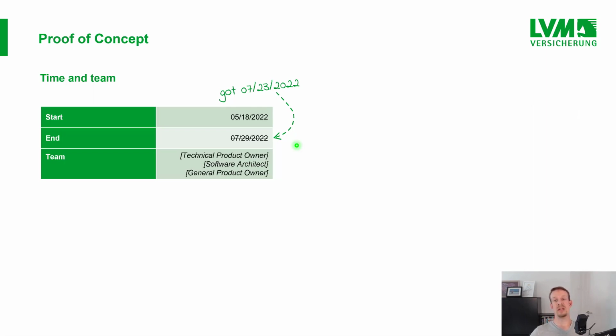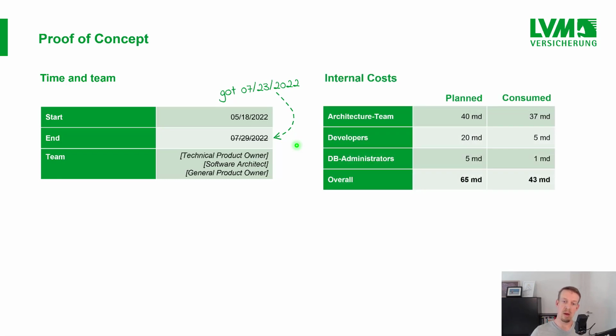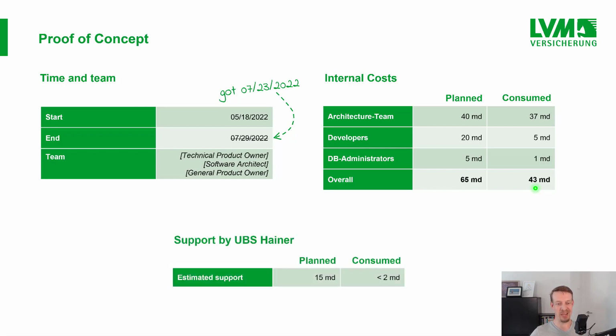That was one interesting aspect. The next interesting aspect was the costs. Originally, we planned 65 man days for the proof of concept. In the end, we used 43, although we managed to show every requirement we had to meet. Even more interesting was the support we demanded from UBS Heiner.